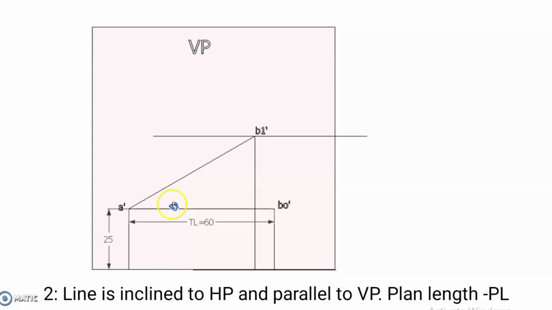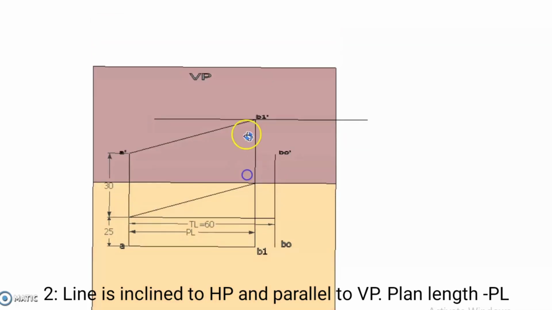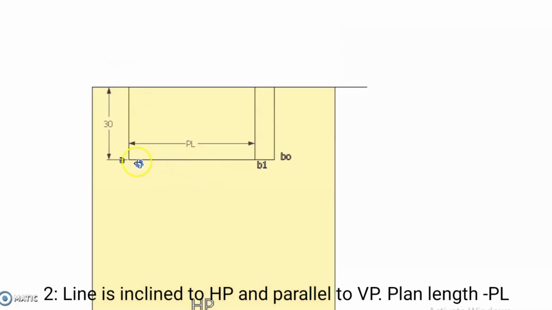The given angle theta is shown here and the line is drawn in this way. Label it a dash b1 dash because this is a new position of the line. Then its top view appears like this one. ab1 is its top view when the line is inclined to HP and parallel to VP. In this case, ab1 shows its plan length.